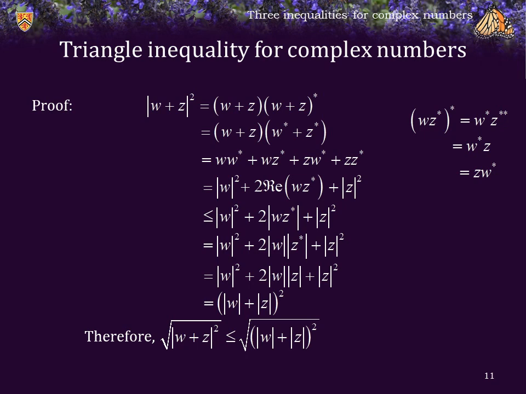What's under the square root on the left-hand side is already positive, and what's under the square root on the right-hand side, within the square, is also positive. And thus, because both of those values are already positive, we just know that the absolute value of w plus z is less than or equal to the absolute value of w plus the absolute value of z. Nice.